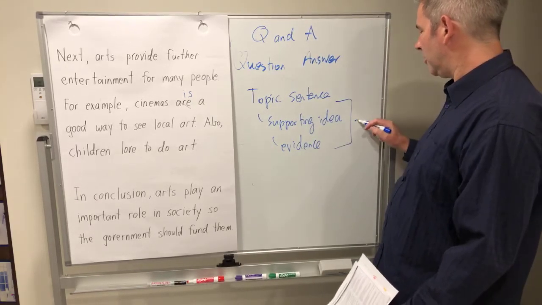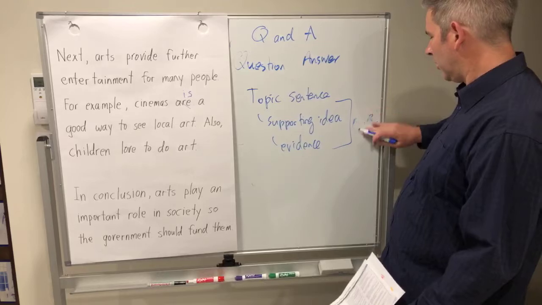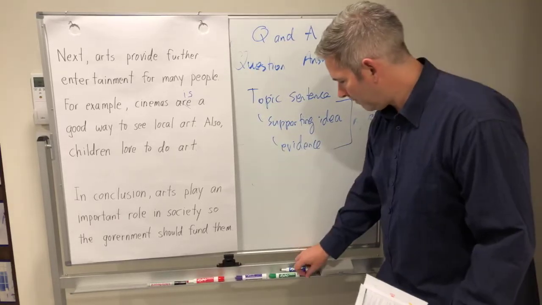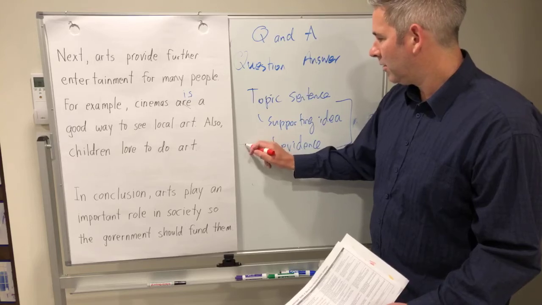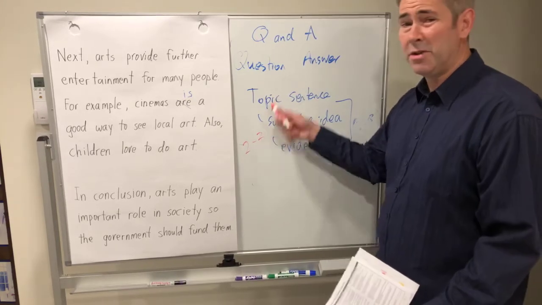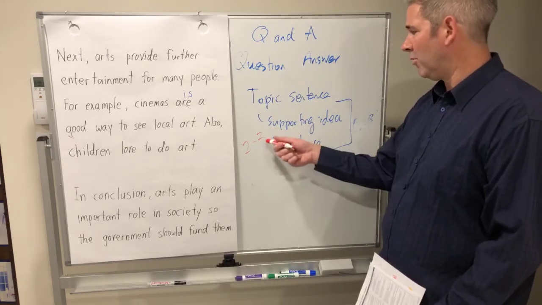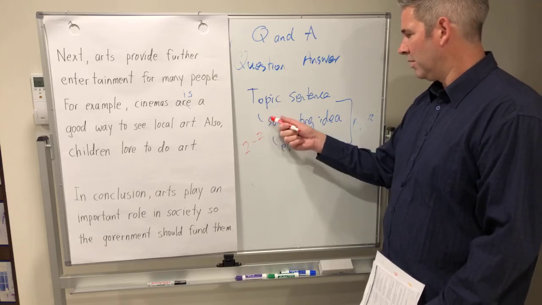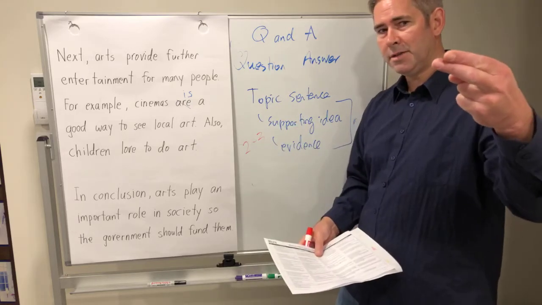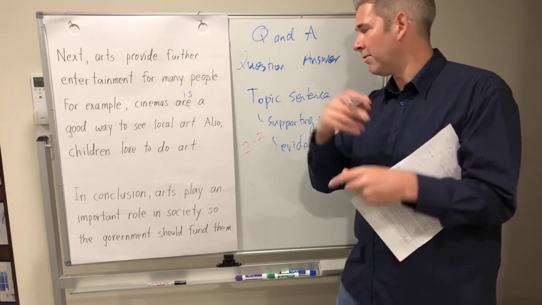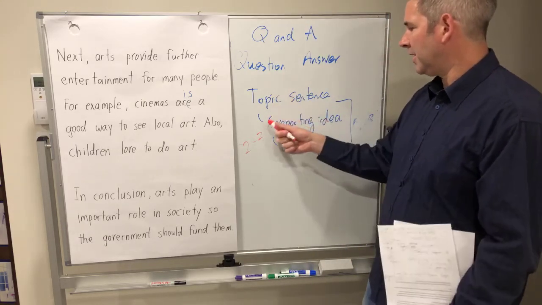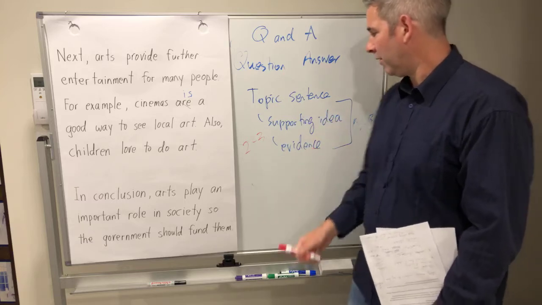Now, this should be, I'll put it over here in red for you, this should be two to three times, right? So what I mean here is you should have two supporting ideas, two pieces of evidence, one for each, right? So topic sentence, supporting idea 1, evidence.